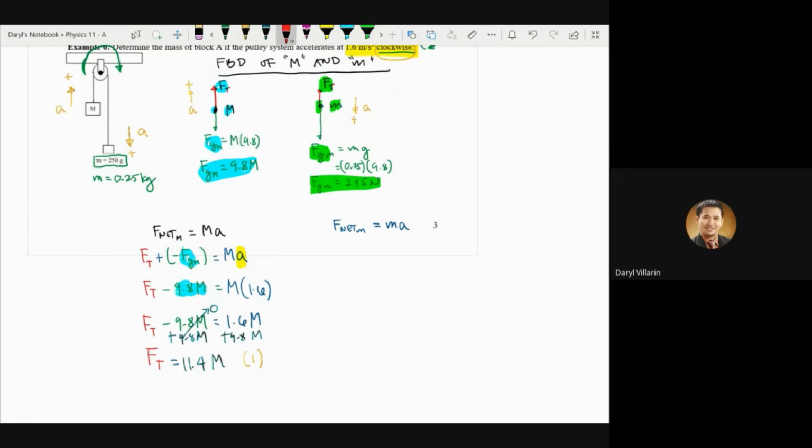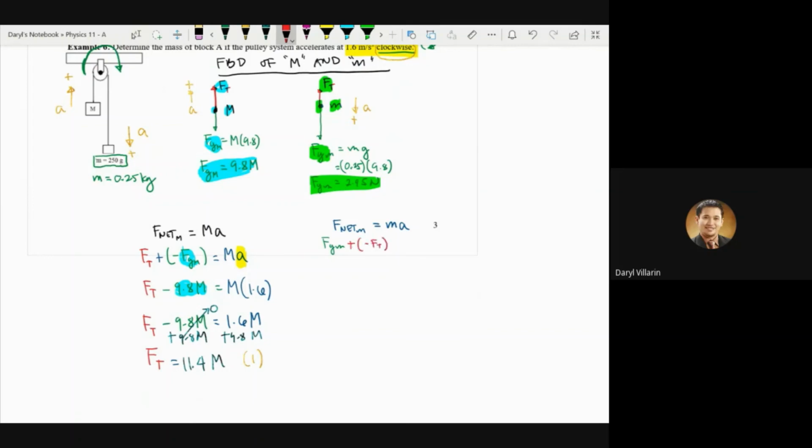Fgm is given because I know the acceleration and the mass. Okay, so now, again, I set my acceleration here. I know that the direction of the acceleration is downward. So I set downward as my positive direction. So this should be Fgm plus the negative of Ft.